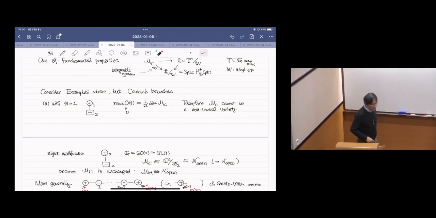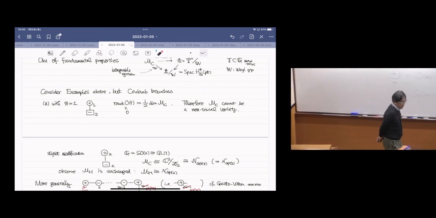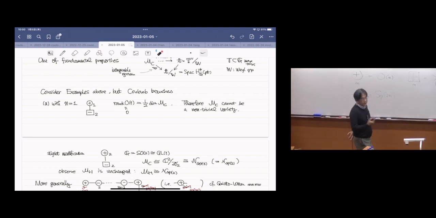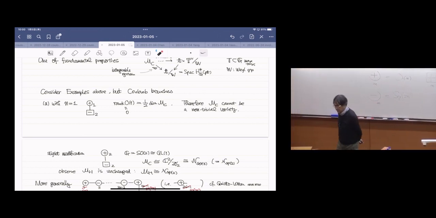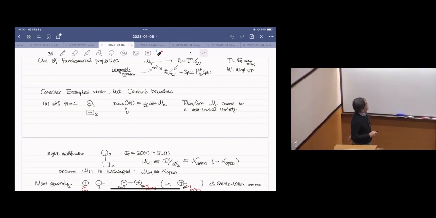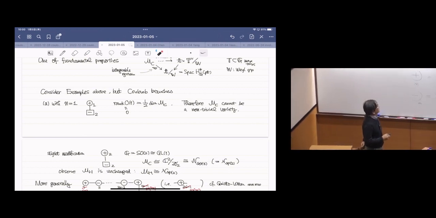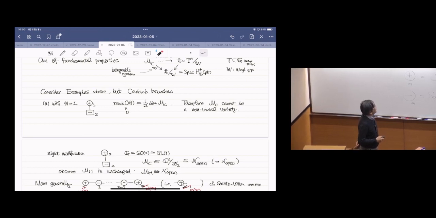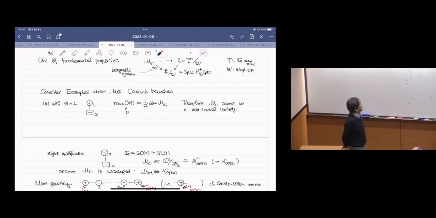I discussed last week that for GL1 and the vector representation, the Coulomb branch can be computed explicitly. In this particular example, you can directly check that the Coulomb branch is C2 mod Z2, which is the nilpotent cone of SO3. In this case, it is the same as the nilpotent cone of Sp2.